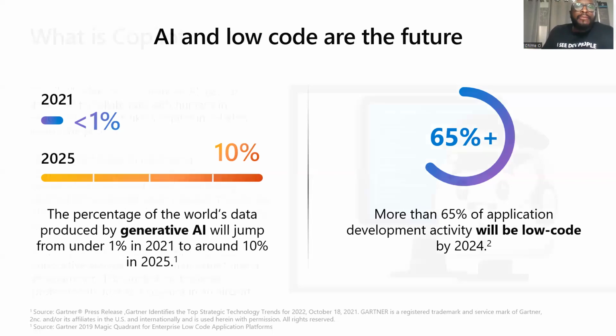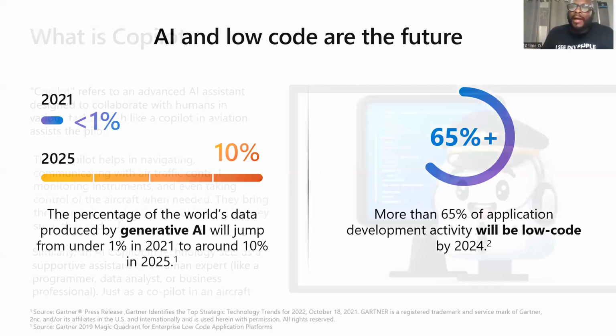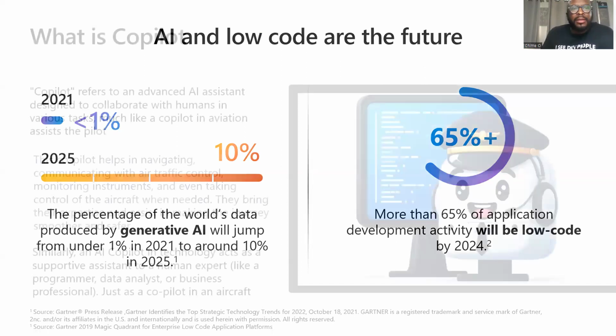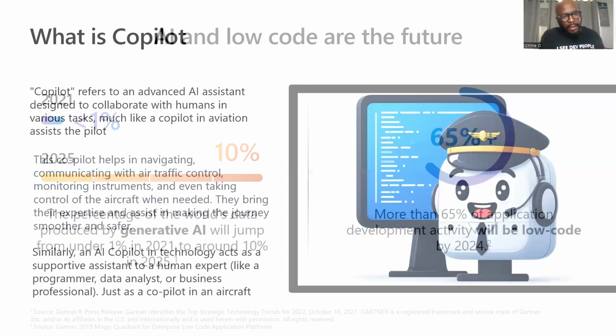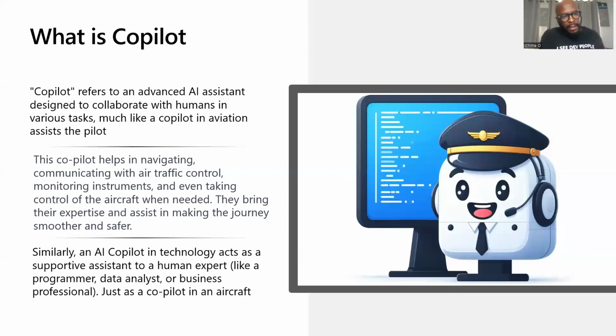So that brings us to what Copilot actually is. Yeah, what is it? Just as the name simplifies, pilot, co-pilot: you're flying an airplane, somebody beside you is your co. In this case, it's literally an advanced AI assistant designed to help us with our daily tasks, just like a co-pilot helps a pilot when flying an airplane.